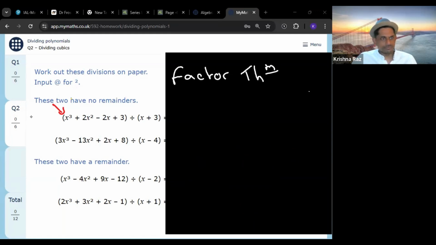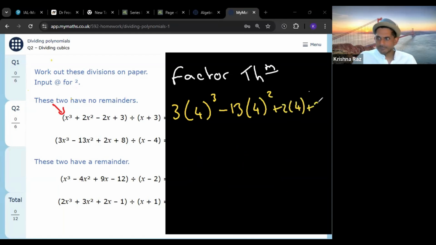This time we're subbing 4 in. So 3 times 4 cubed minus 13 times 4 squared plus 2 times 4 plus 8. And if that equals 0, then x minus 4 is a factor. Well, 4 cubed is 64. 64 times 3 is 192.